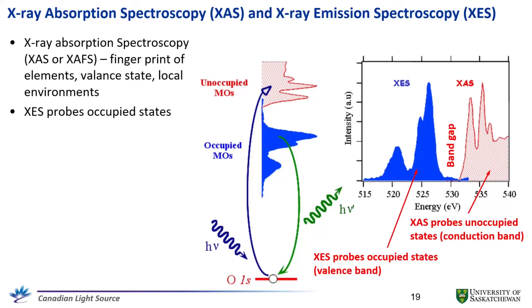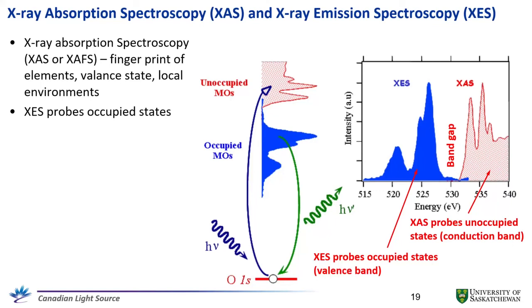When you have the vacancy, like the electron is ejected to an unoccupied band, when you have the vacancy in the lower band, some occupied electrons will go back to fill this hole, and in the meantime generate some photons. We call that the emission.